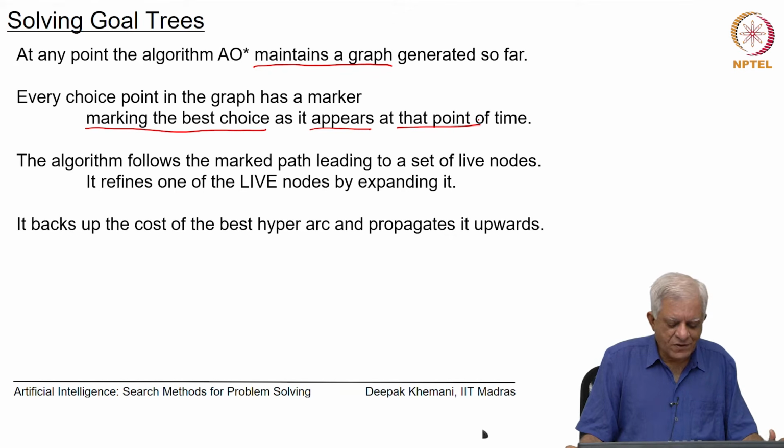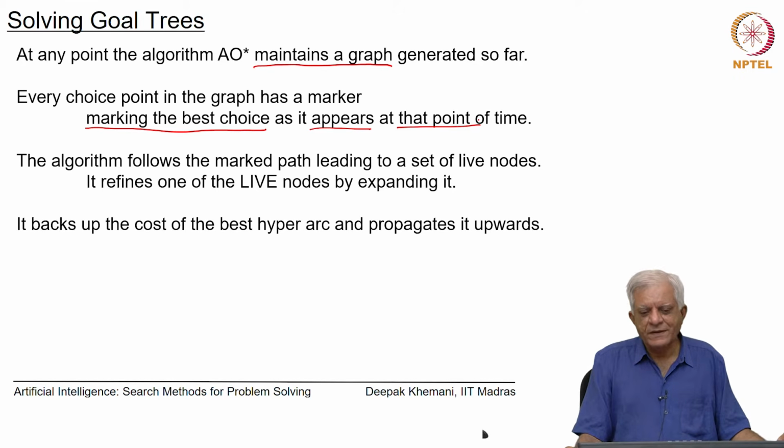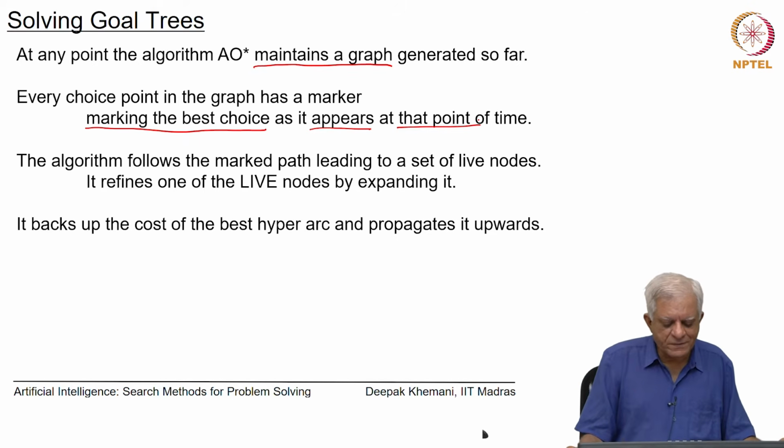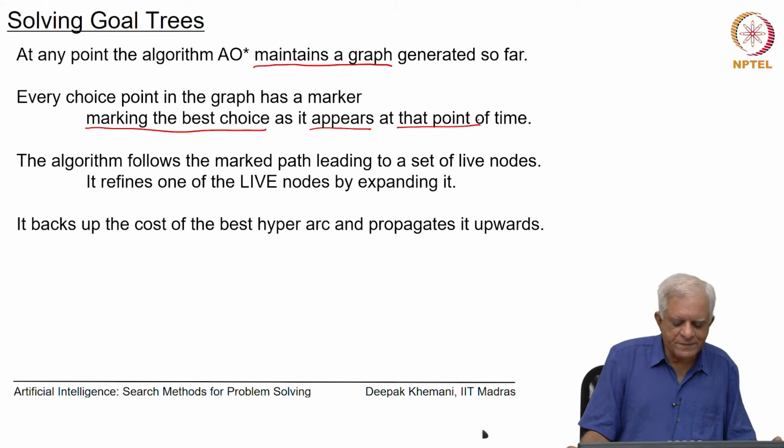Then it backs up the cost of the best hyperarc and propagates it upwards. Having refined it, you may have revised the actual cost, a little bit like what we did in the recursive best first search algorithm. You back propagate the values up essentially, but in this case of course, you keep the entire graph.